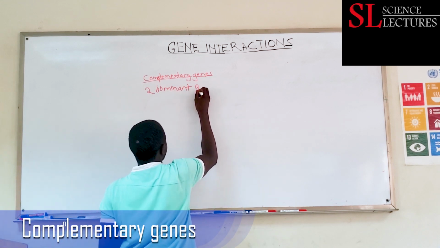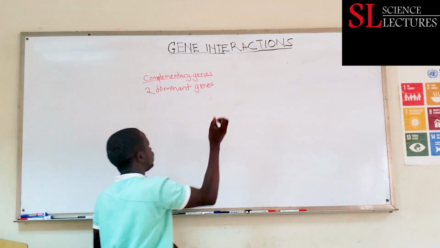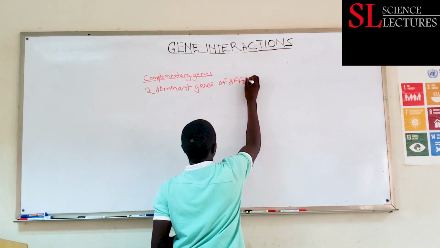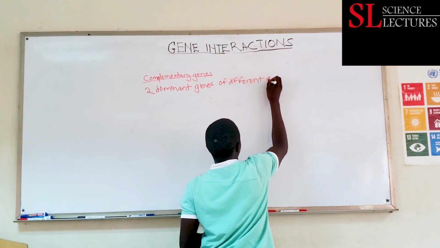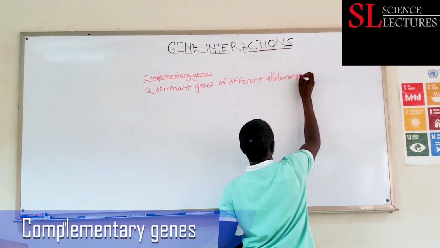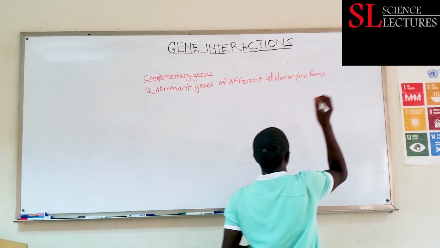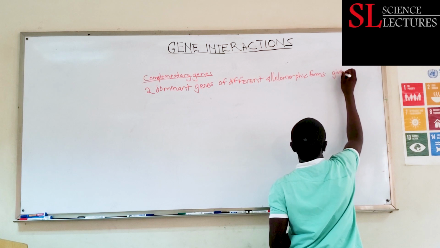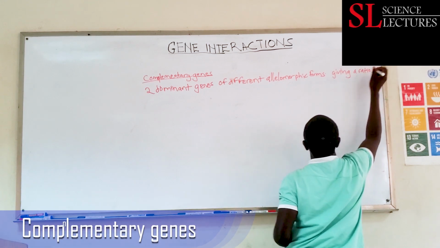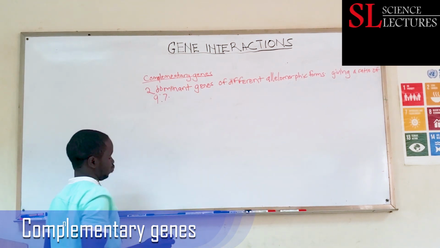genes of different allelomorphic forms, giving a ratio of 9 to 7.